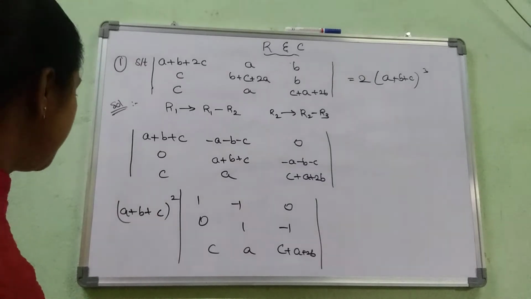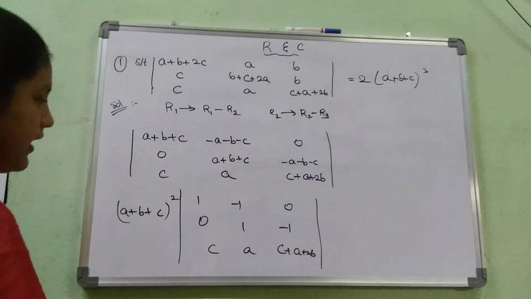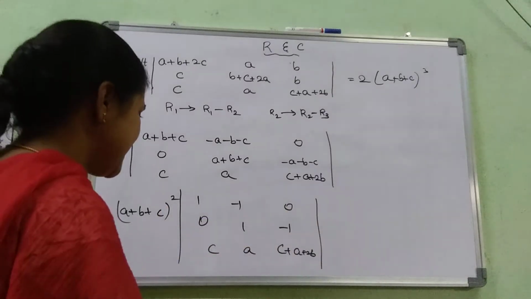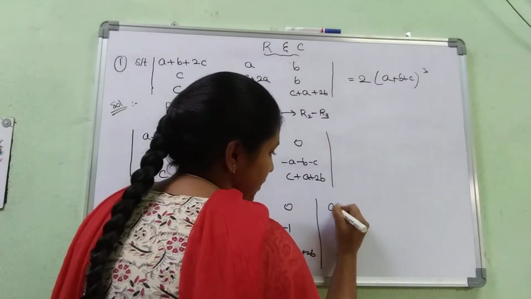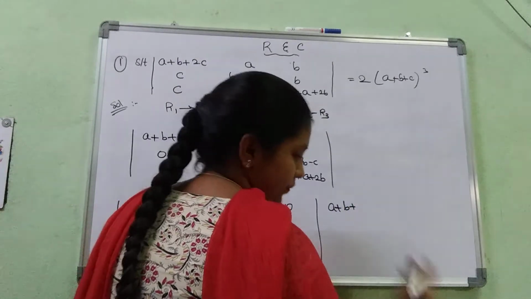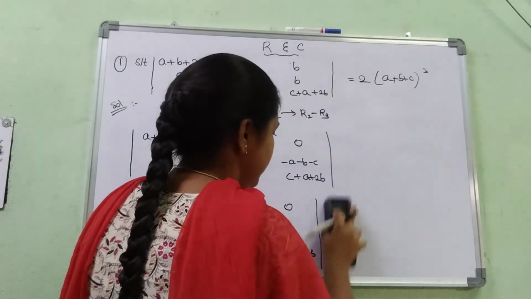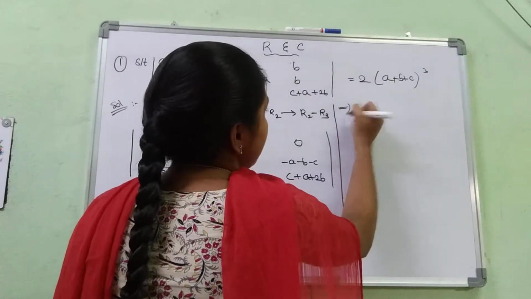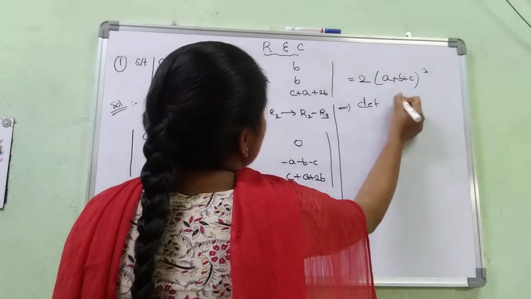If we do the next step also, we won't get that. So directly now we can find the determinant along the first row. See here, now we are applying the determinant along the first row.